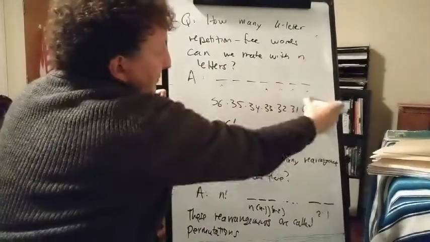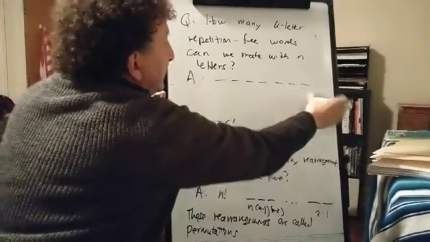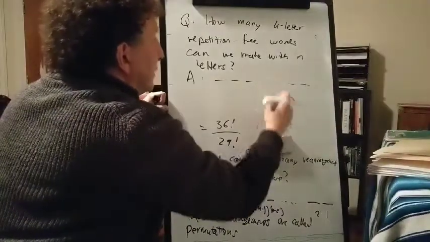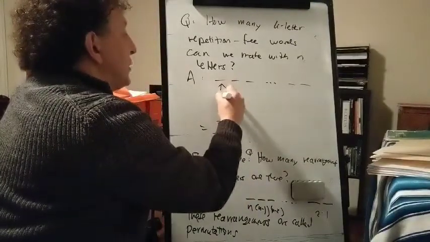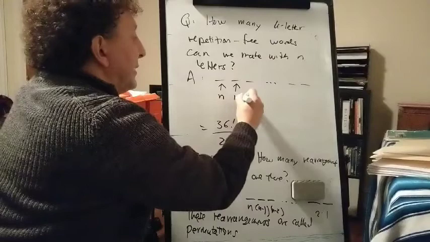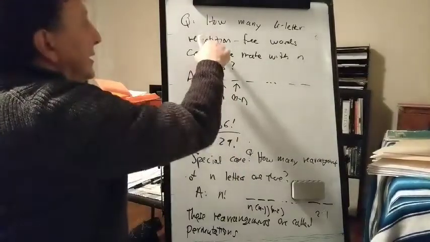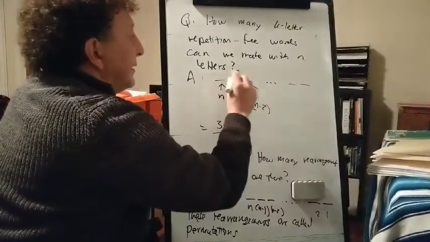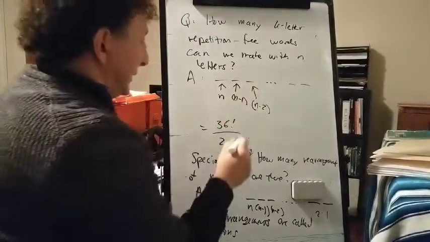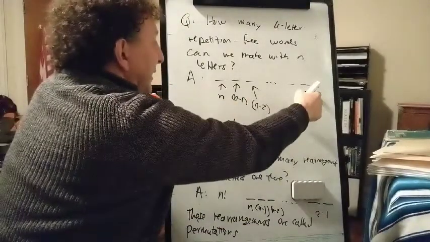And the answer we get, well, by considering the same picture here. We've got k blanks. And we've got n choices for the first blank, and then n minus 1 choices for the second blank because we used one of those n letters and we're not allowing repetition. n minus 2 letters for that third blank. And then let's see, how many do we have for the last one, the kth blank?